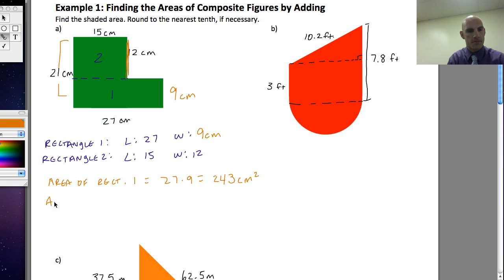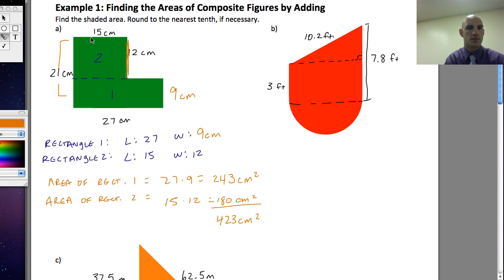What about the area of rectangle 2? Area of rectangle 2 is going to be 15 by 12, which gives me 180. So to find the composite area, all I need to do is add these two rectangles together. So 180 plus 243 equals 423 centimeters squared.